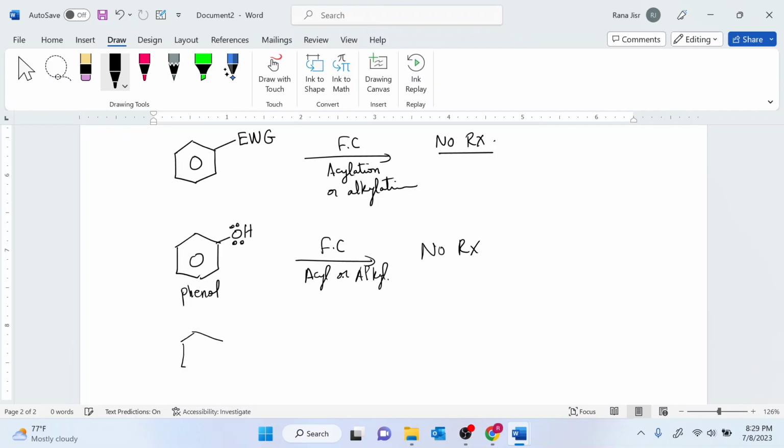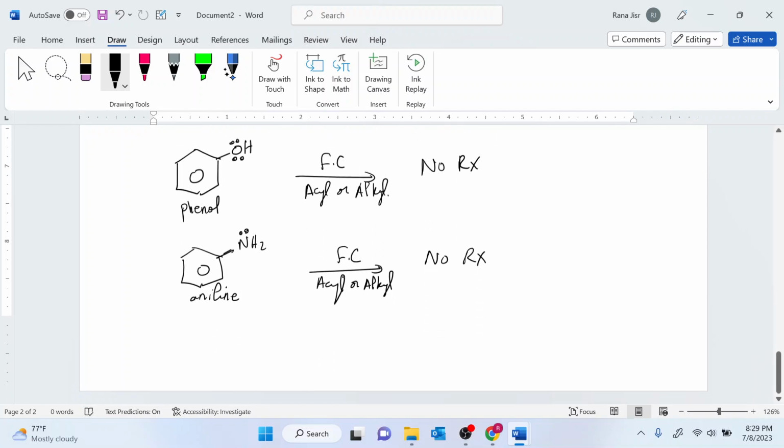Same thing if you are starting with aniline, and these are the only two electron donating groups that do not undergo Friedel-Crafts reaction. So again, with Friedel-Crafts acylation or alkylation, there will be no reaction.